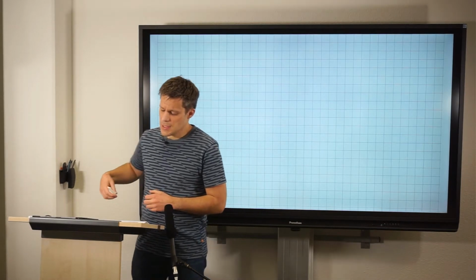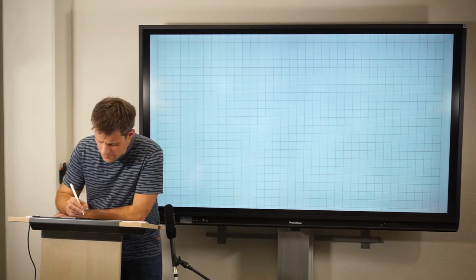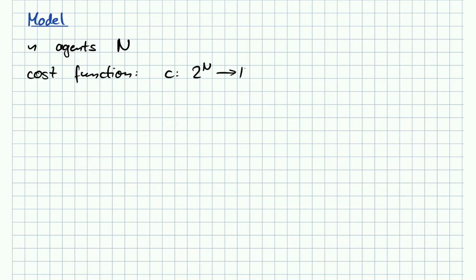So let's first define a model. We have again n agents, which we again call capital N, and we have a cost function. That is just one cost function which maps from all subsets of the agents to a real number.